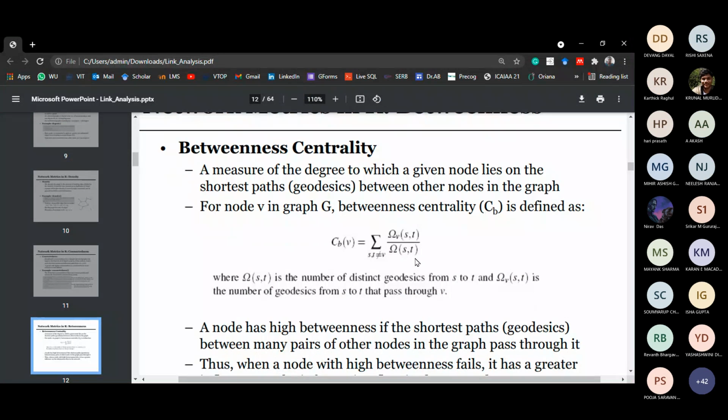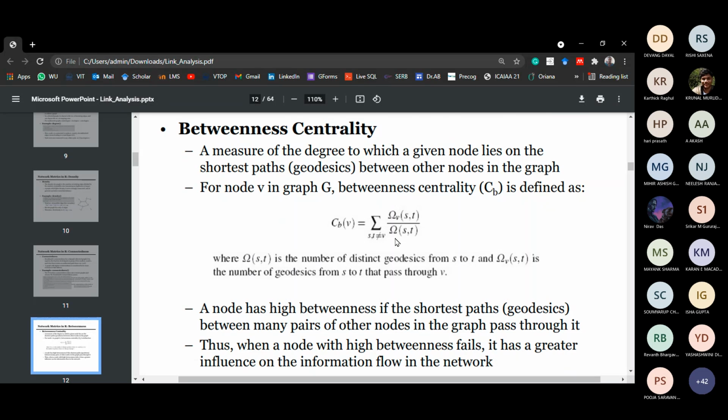So what betweenness centrality is, it is a measure to find out the ratio of the shortest paths that exist between a node S and T, divided by the total number of shortest paths that pass through the vertex B. That is the betweenness centrality.